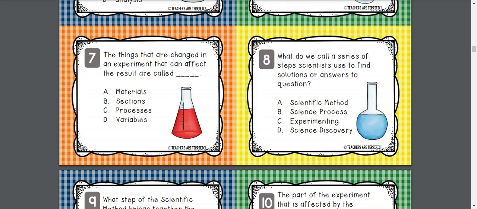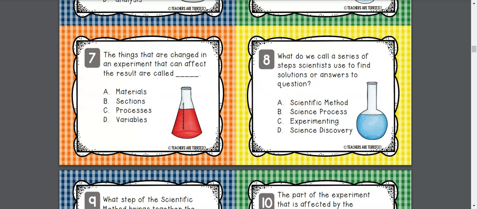Number 7, the things that are changed in an experiment are called materials, sections, processes, or variables. So what you are changing is D as in dog, variables.